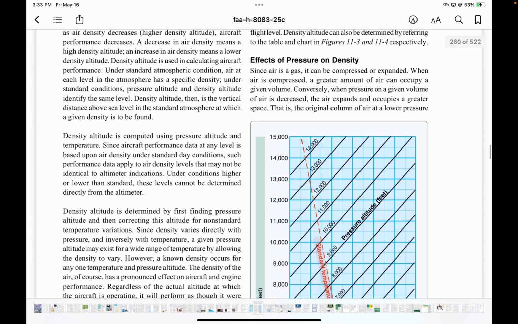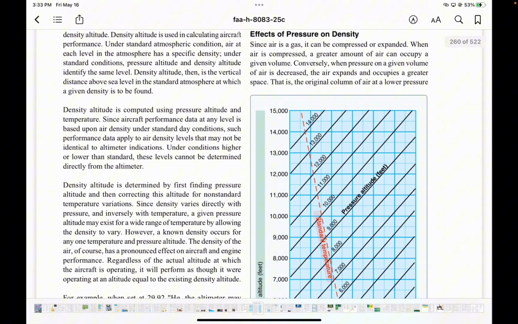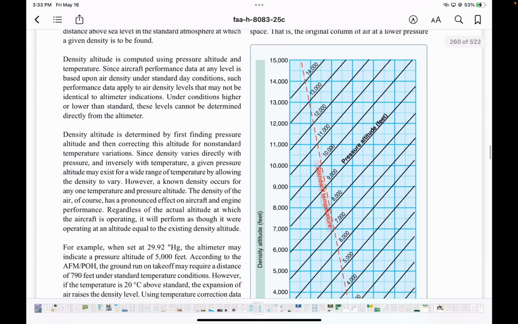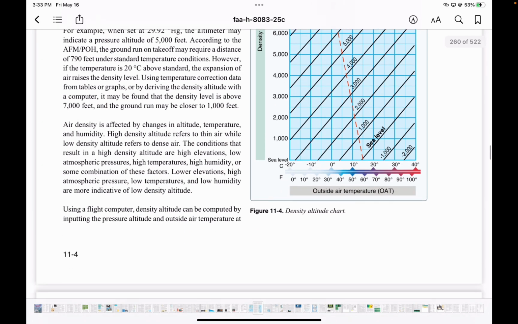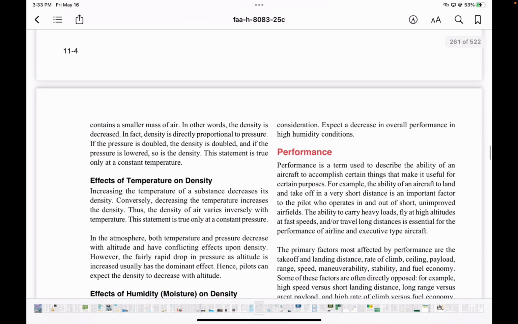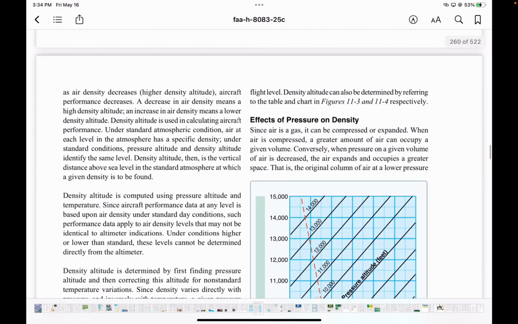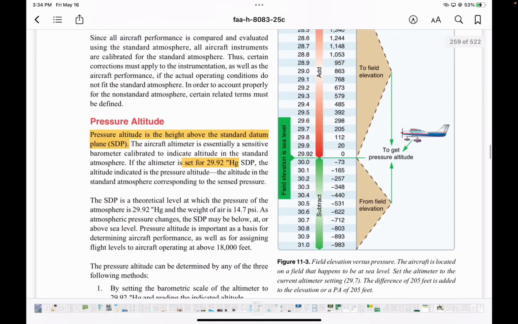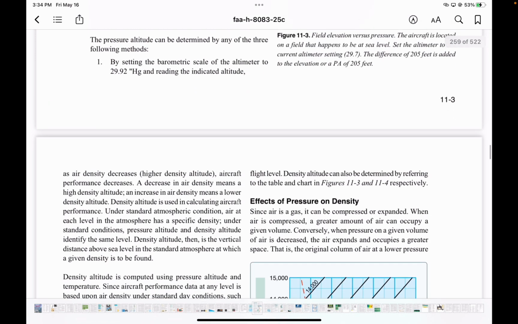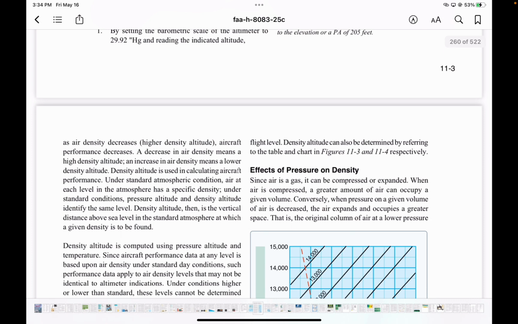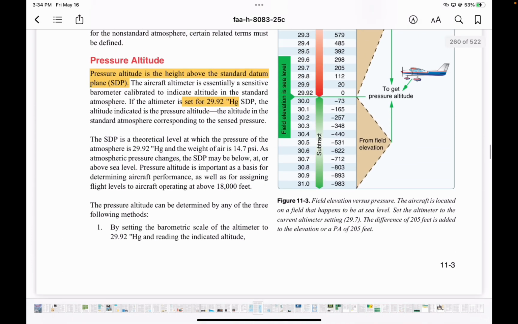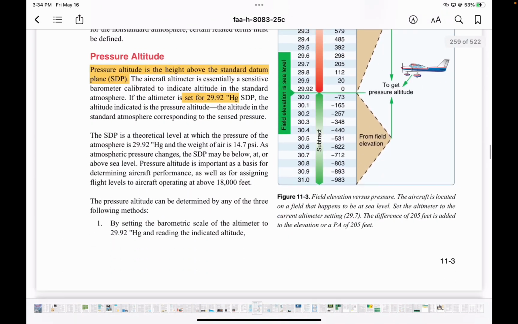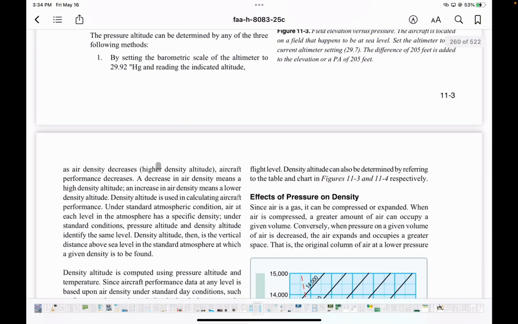Okay, let's see. The effects on density. As air density decreases, aircraft performance decreases.